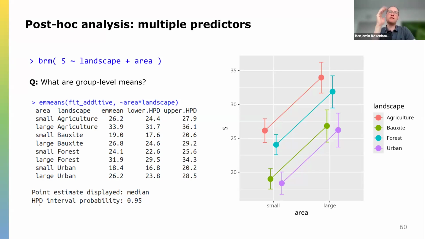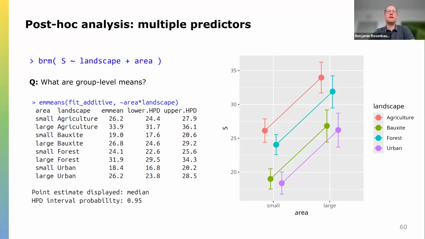Again, the summary table wouldn't give you meaningful output. But if you just want to extract the predicted means, you can use emmeans. Even if the model says landscape plus area, if you specify you want to extract the means for area times landscape, this just means I want to extract all the predictions for the combinations of area and landscape. This was why I was confused, because there was a plus in the top line and the multiplication sign here in the emmeans.